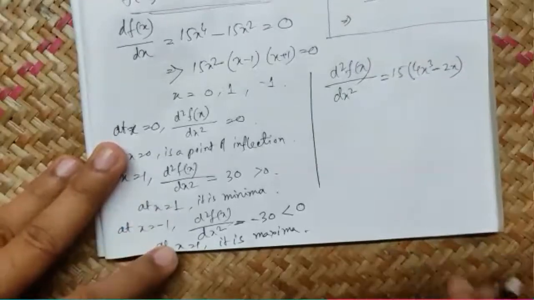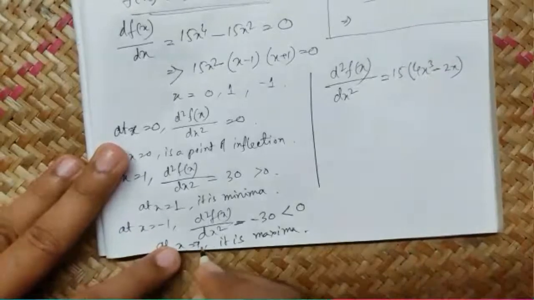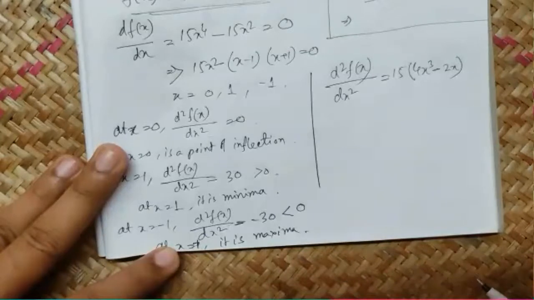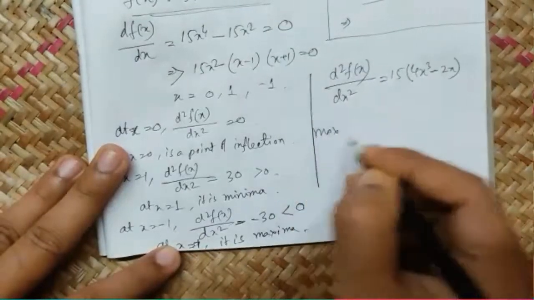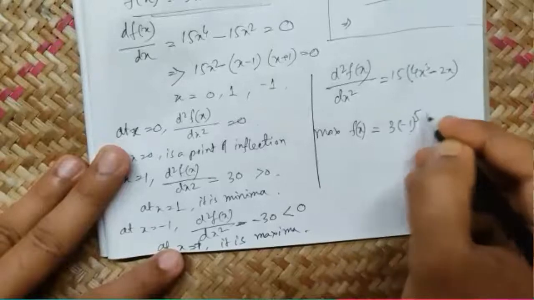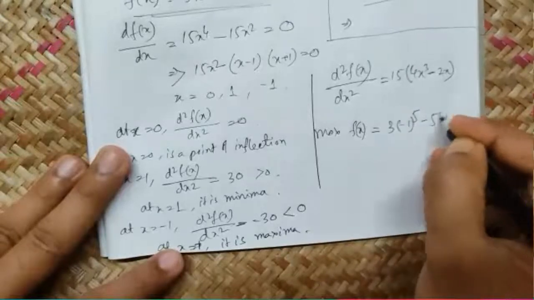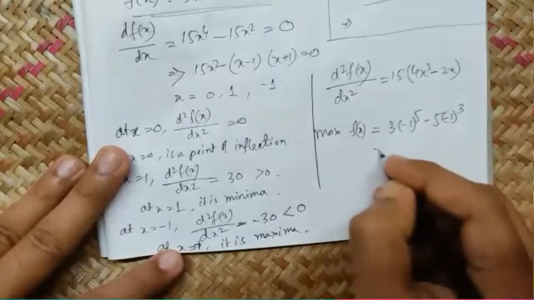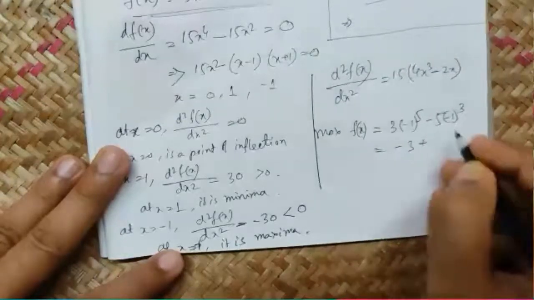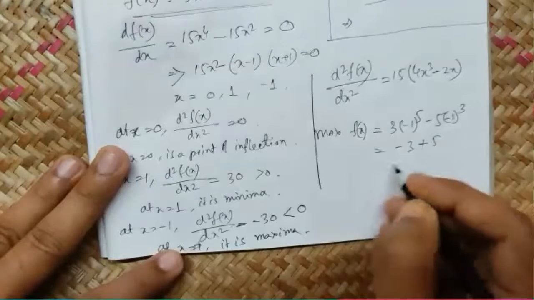If you take x equal to minus 1, then you will get the maximum value. So the maximum f(x) can be found by putting x equal to minus 1. So it will be minus 3 plus 5, which is 2.